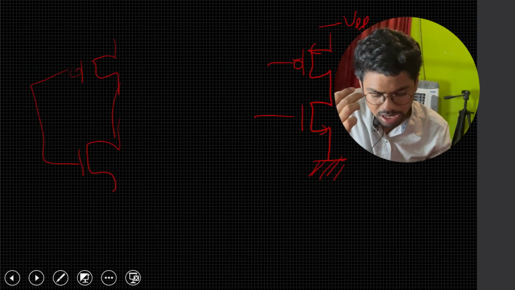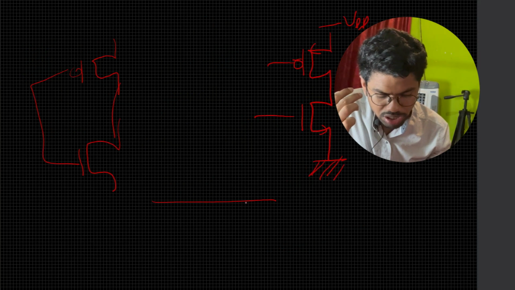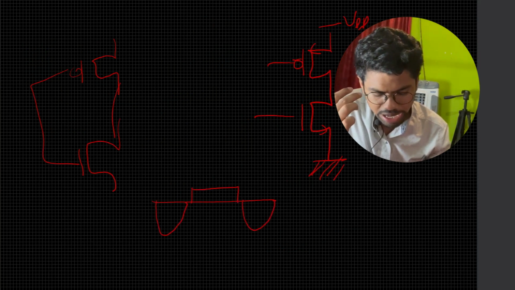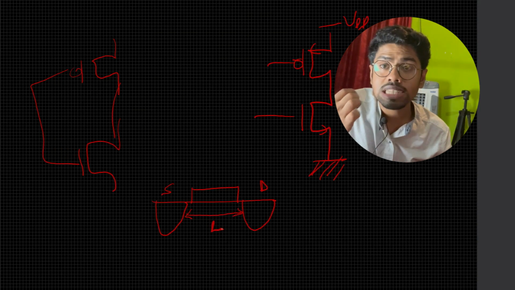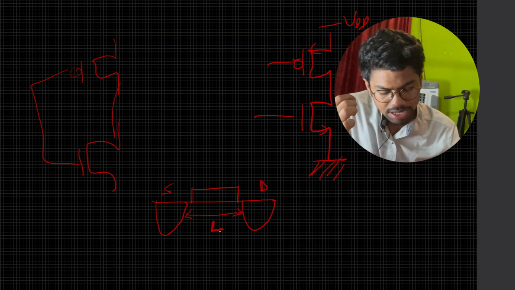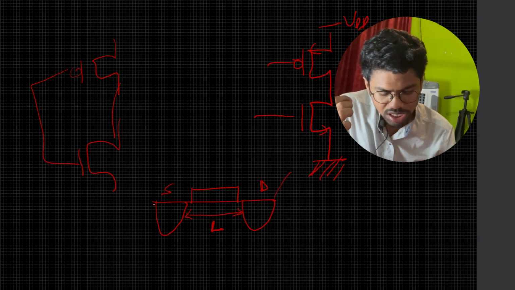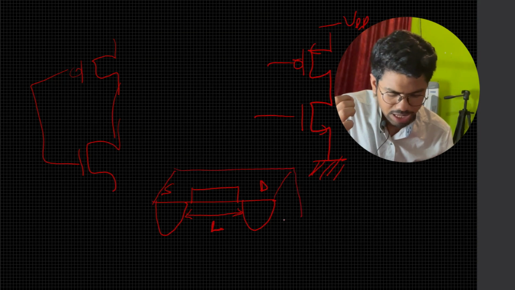If this is your gate section and this is your drain and source section, then this is called the channel length of your MOSFET. And these things are in 3D, so we can extend them like this.